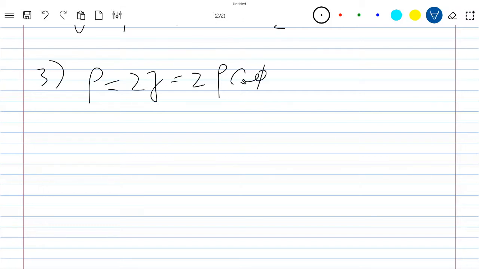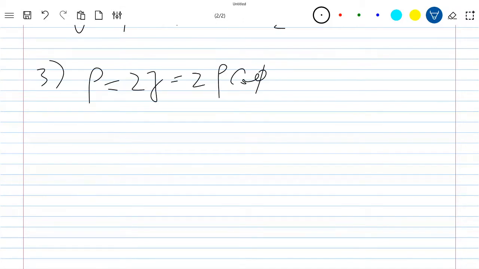Now let's see some surfaces. If I give you a surface like rho equals 2z, what does that mean? Well, that means rho equals 2 times rho times cosine phi. Right?